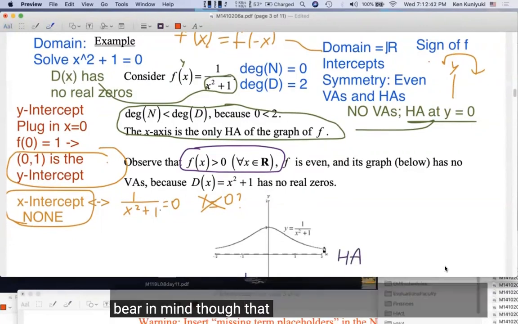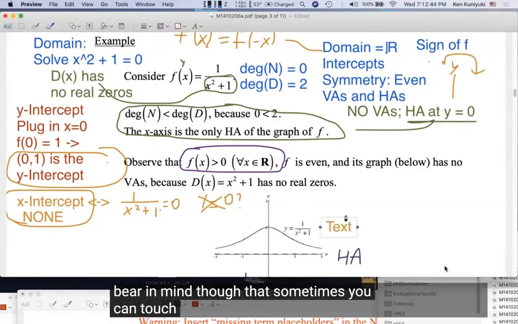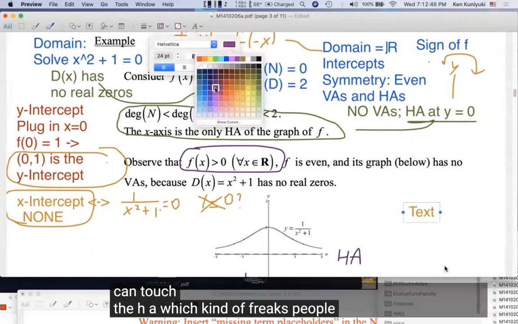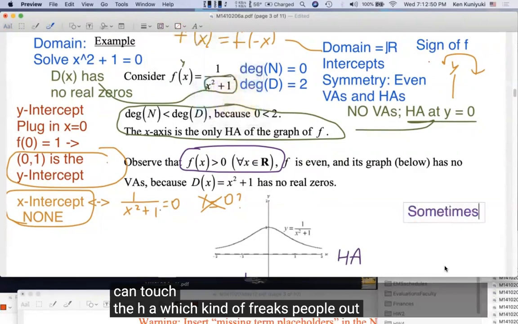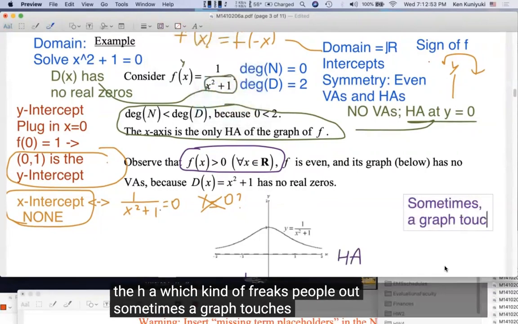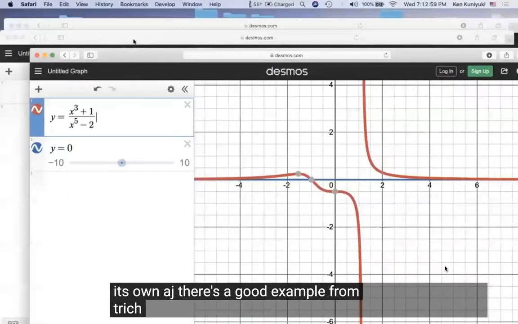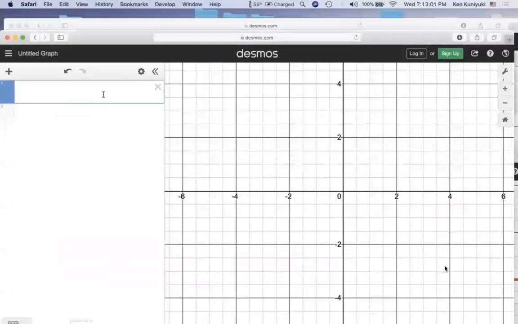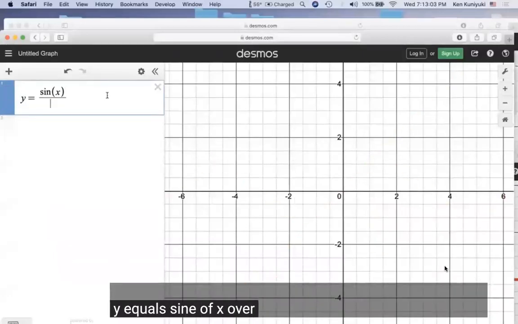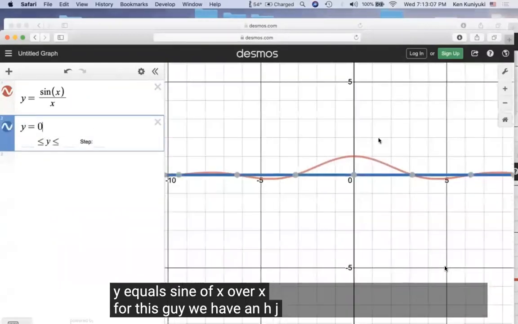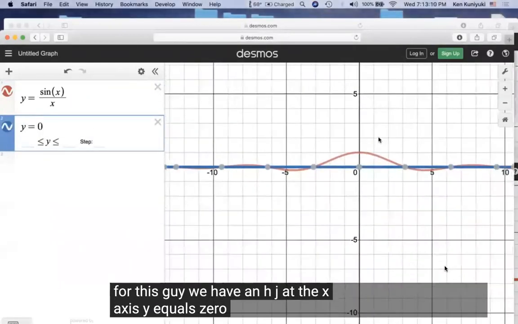Bear in mind, though, that sometimes you can touch the HA, which kind of freaks people out. Sometimes a graph touches or crosses over its own HA. There's a good example from trig: y equals sine of x over x. For this one, we have an HA at the x-axis, y equals 0.